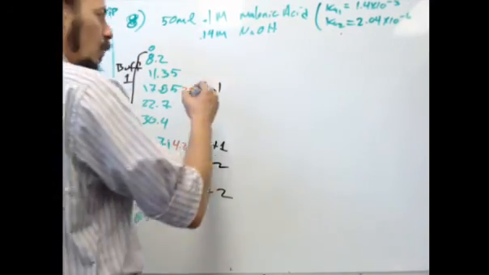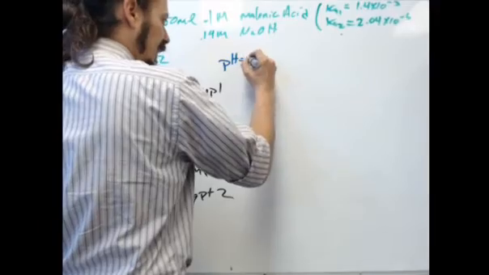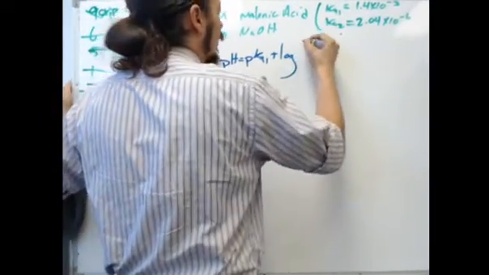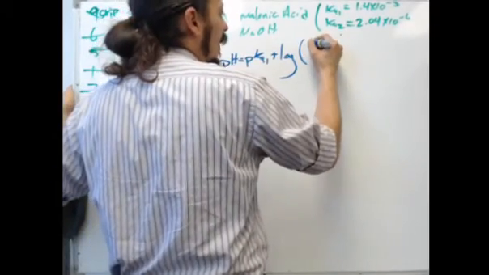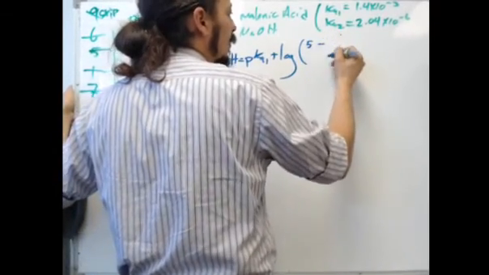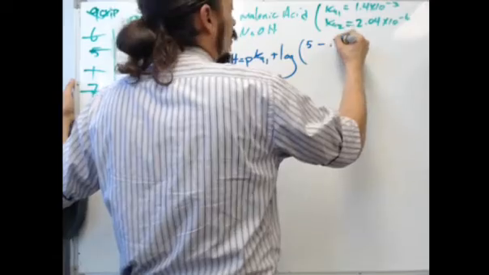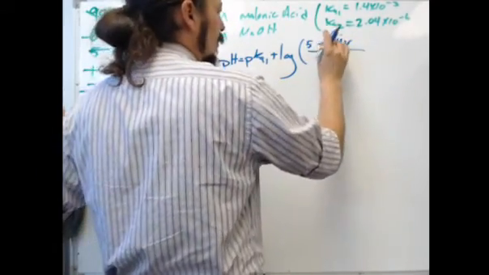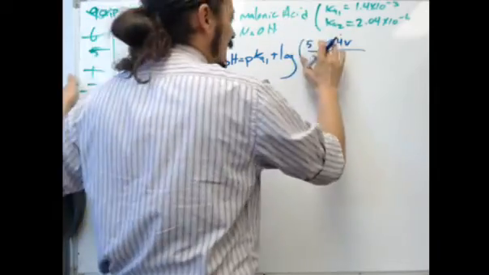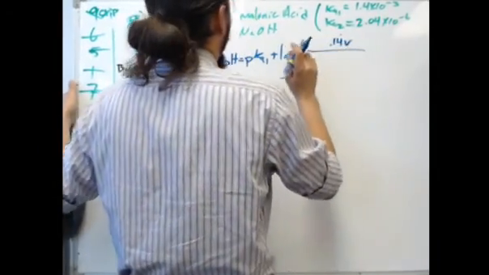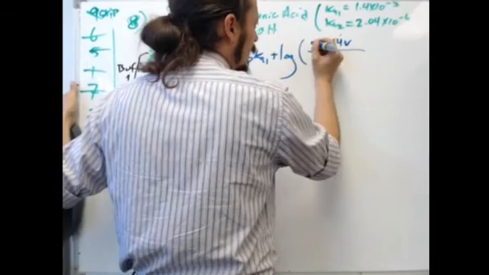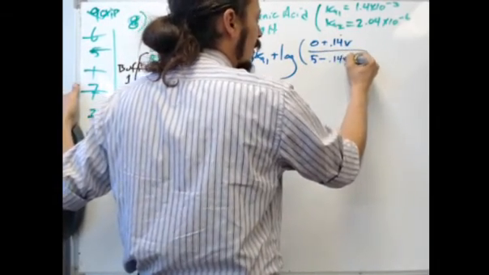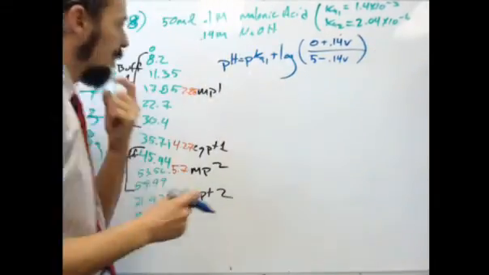Everything in buffer region 1, we can use pH equals pKa1 plus log of 5 millimoles minus 0.14 V divided by, this is an acid and I'm adding a base, so 0 plus 0.14 V divided by 5 minus 0.14 V. Right?